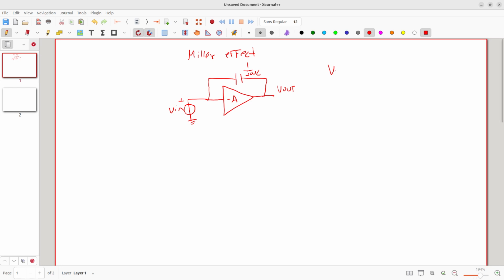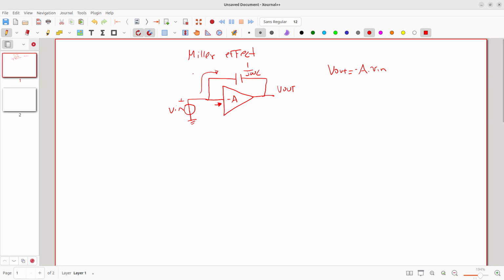We have that V out is going to be equal to minus A V in. Okay, and then we have that there is no current flowing in the voltage amplifier, as we saw that the ideal model is infinite input impedance, so all this current has to flow like this.